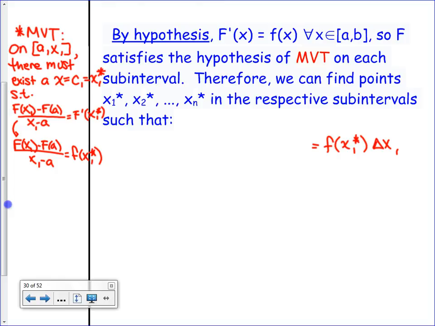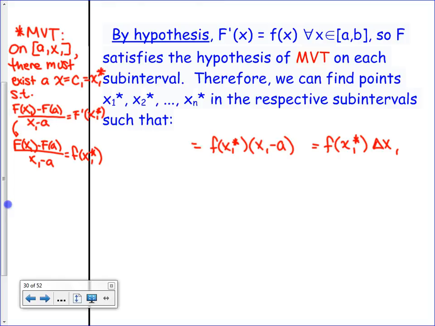Now, wait a minute. That's the same thing as f of x sub 1 star times x sub 1 minus a.